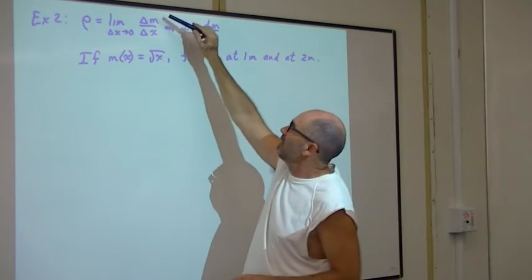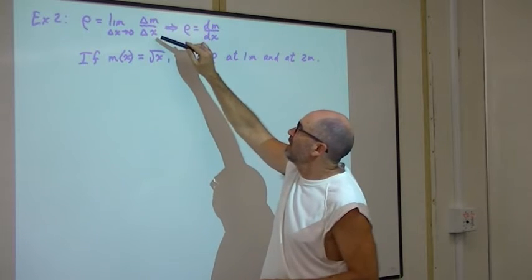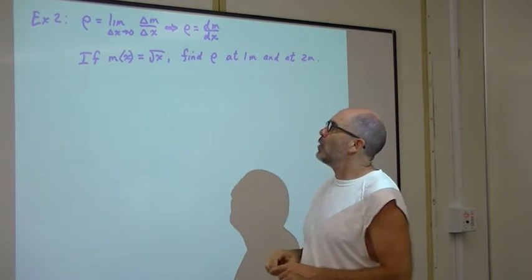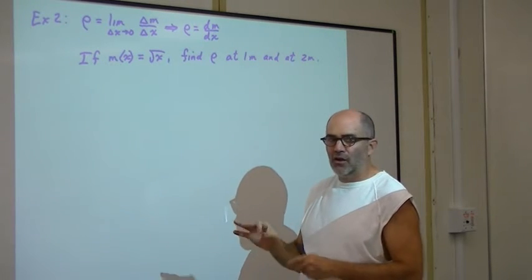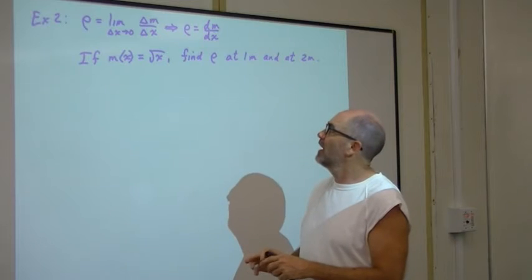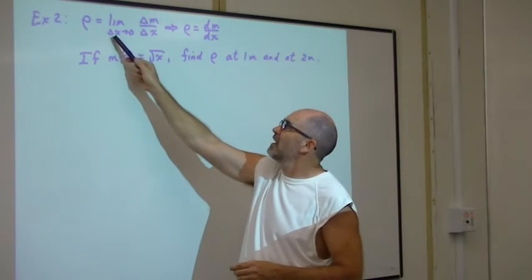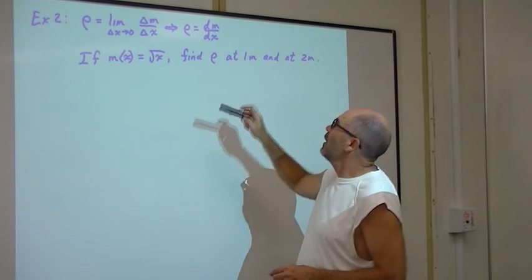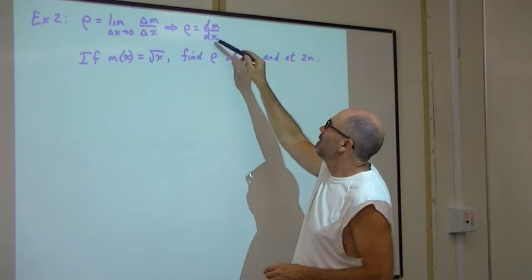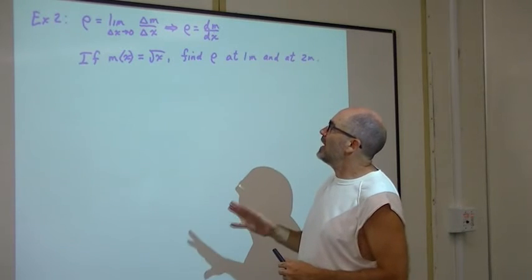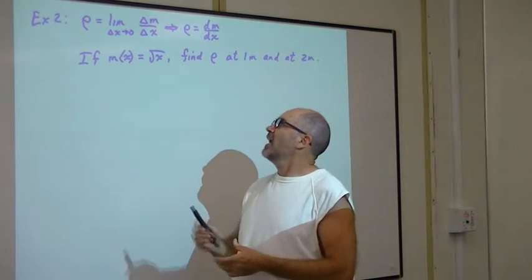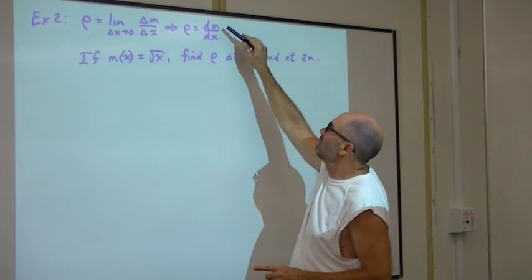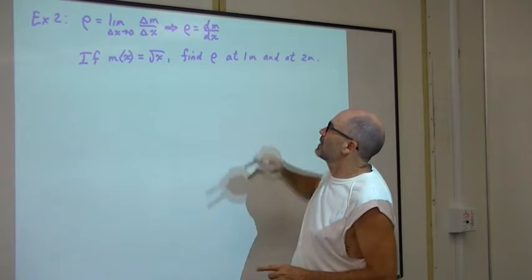So basically it's the change in mass divided by the change in distance. Now if I want the instantaneous rate of change of density, then that would be the limit as the distance approaches 0 of delta m over delta x, which is dm dx. So basically the density changes at an instantaneous rate of dm dx.